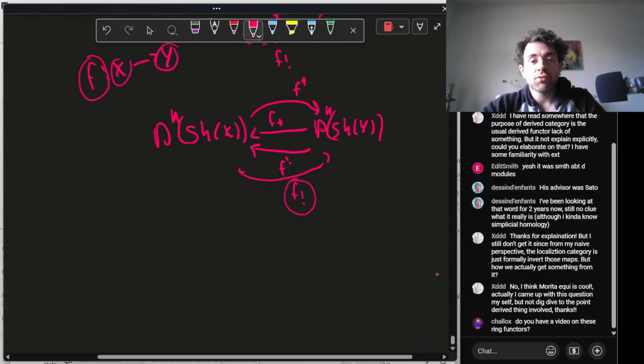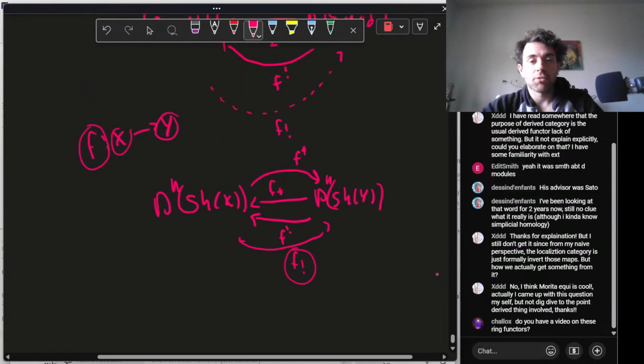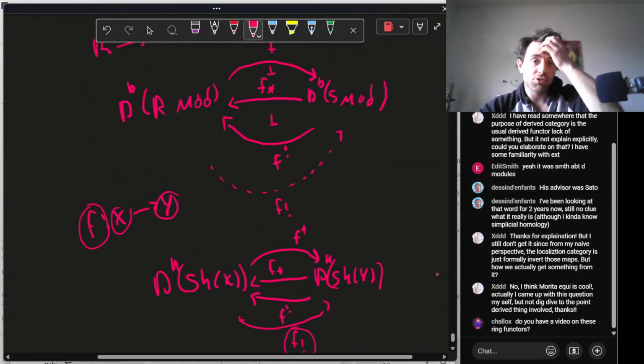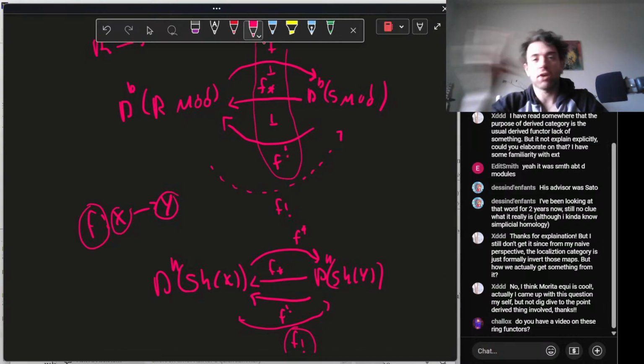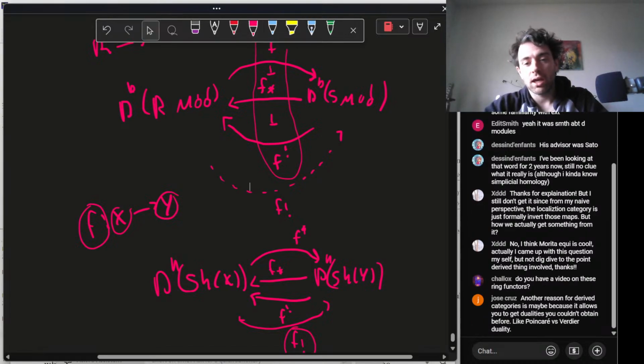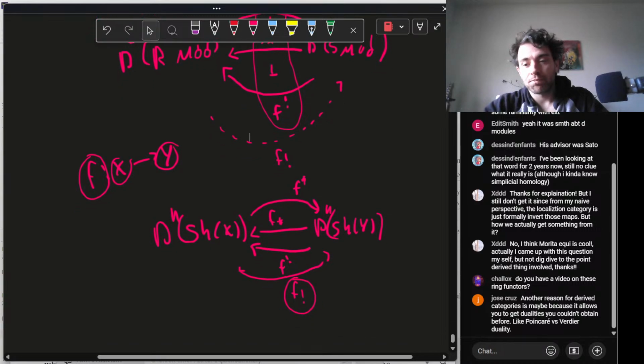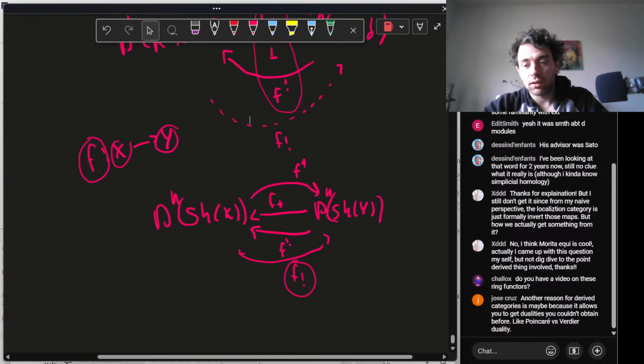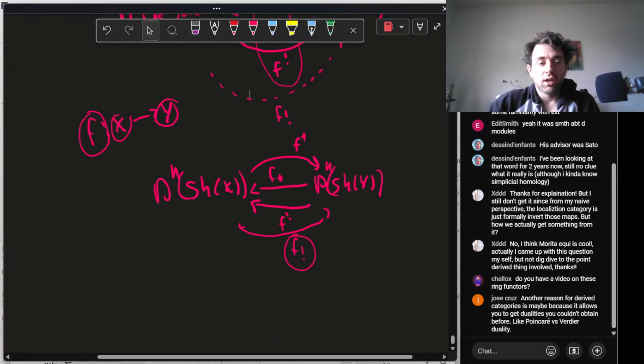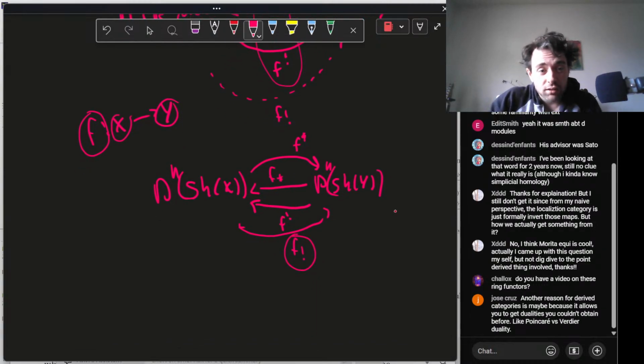So even if you didn't believe in derived categories, at least to start with, you know that we have these useful functors to pass between, say, sheaf categories or module categories, and then you might realize, oh, sometimes this F shriek exists, right?